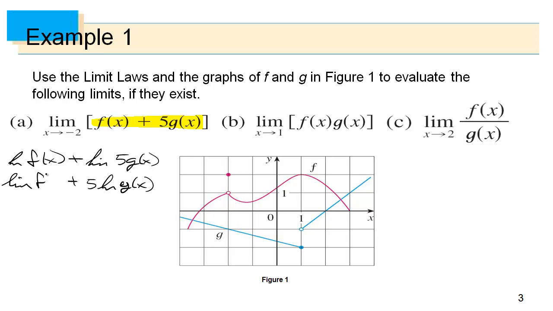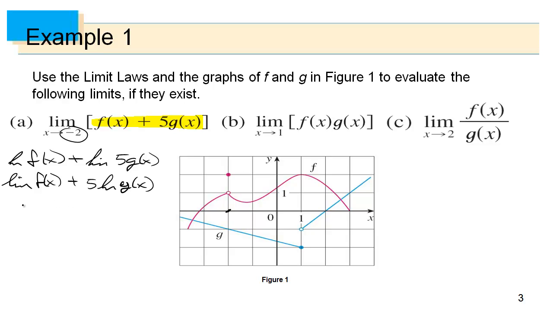I apologize, those are my really horrible limits. I know it looks like natural log, but I'm just too lazy to write it out nicely. And we know that by looking at the picture, as we approach negative 2, so as we're right here, this is x equals negative 2, the limit of f is up here, at 1, and the limit of g is down here at negative 1.